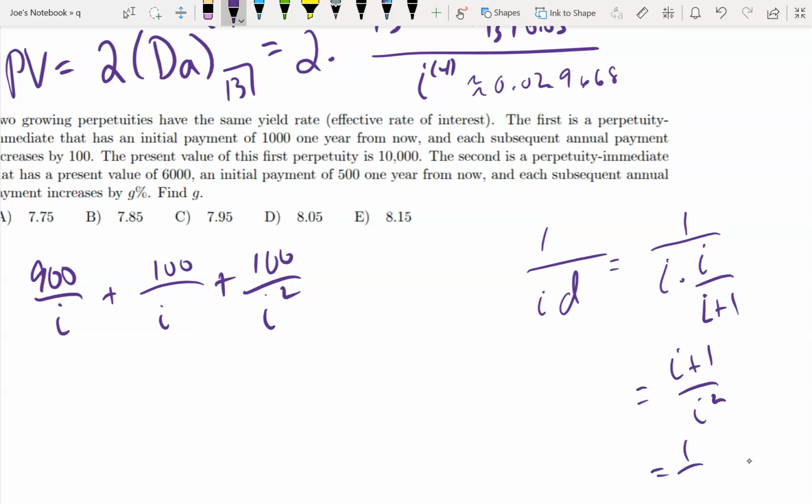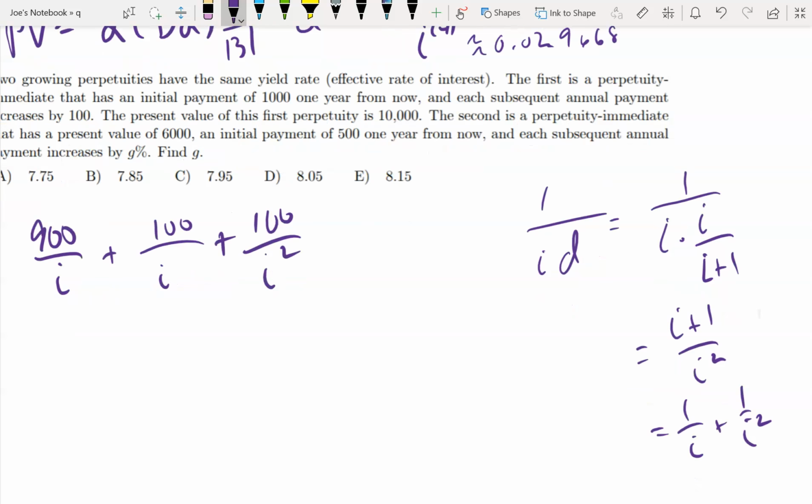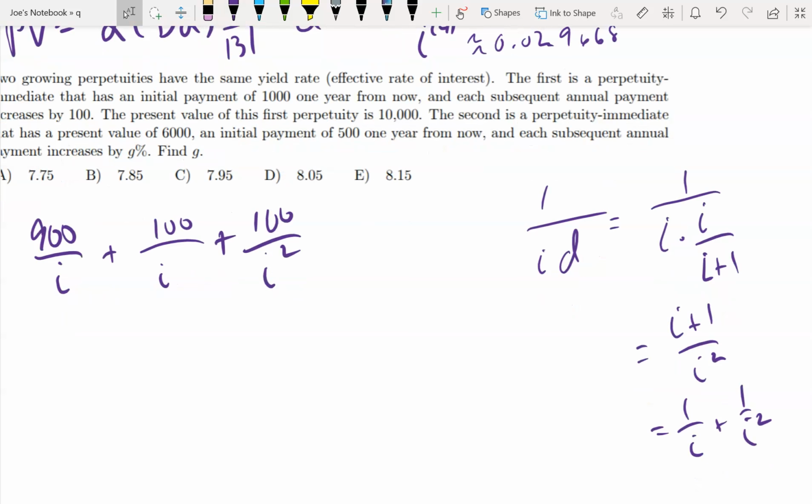And then split your fraction. Right? This just makes it easier to deal with. So D is I over I plus 1. Yep. That's a good thing to know. Well, because you can do D is 1 minus V, and V is 1 over 1 plus I, and then you just get the common denominator.